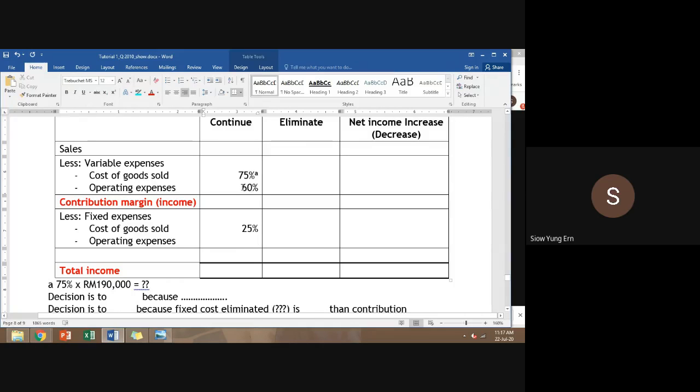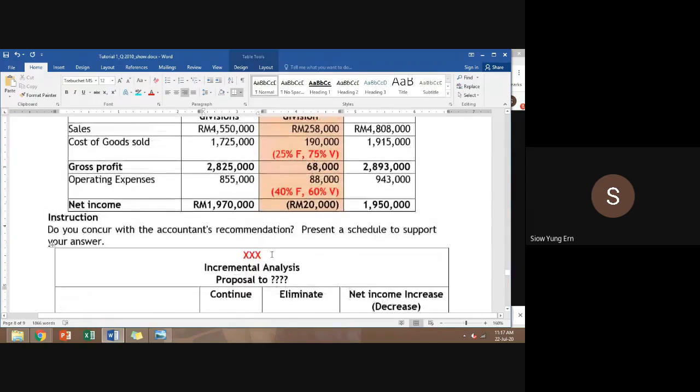So just now variable is already 60%. So your fixed operating expenses should be the remaining 40%. So how much do you get? Oh, your number very big. 40% of your operating expenses.